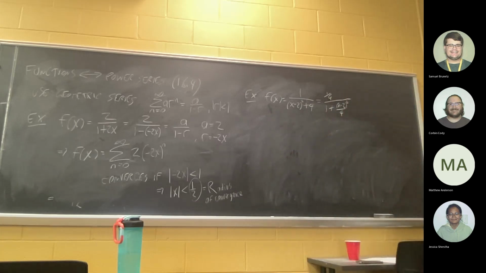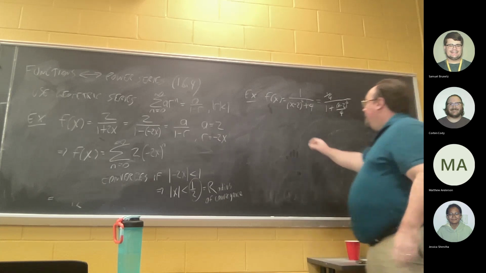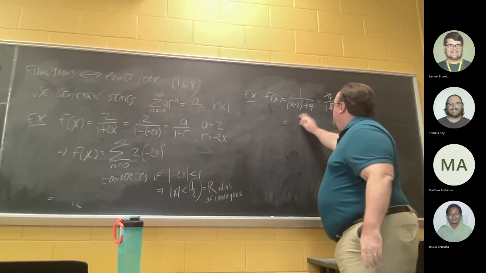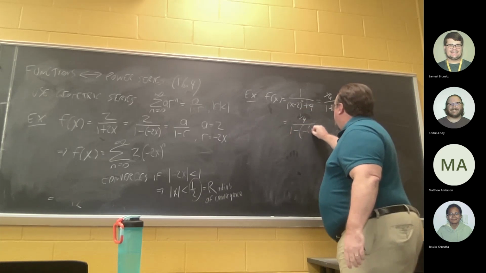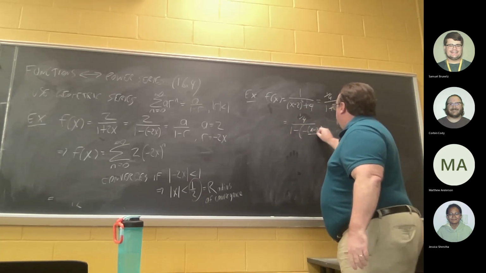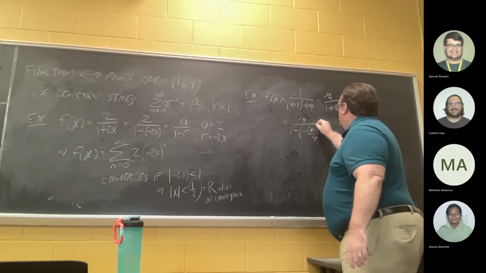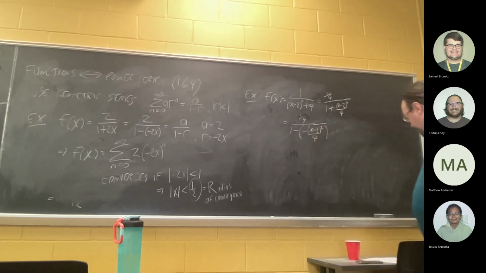So now I have one piece of the formula in place. And because it has to be 1 minus something, I'll write it that way, as 1 minus negative x minus 2 squared all over 4. So now it's in the right form.